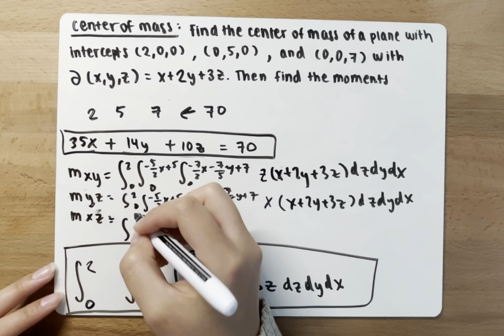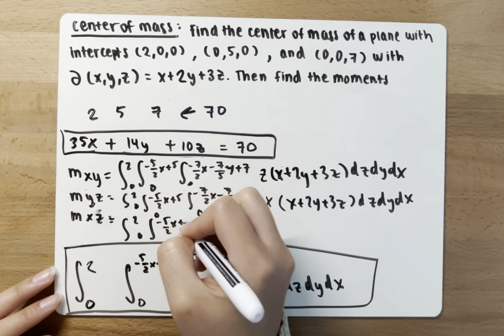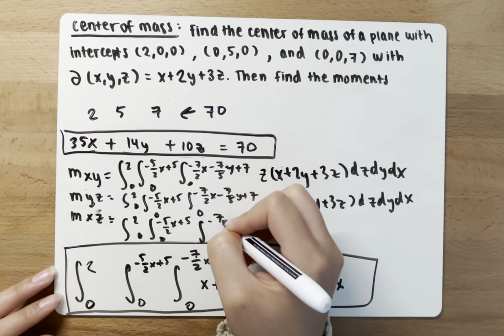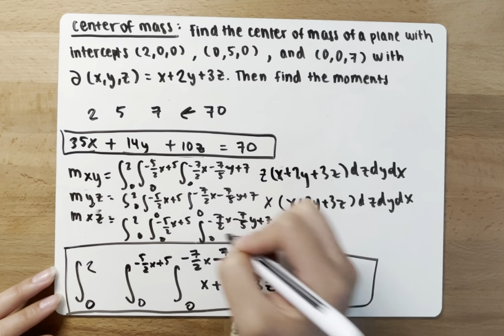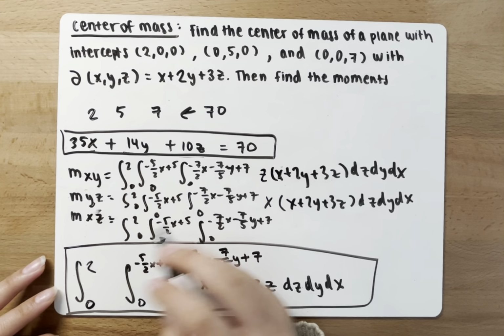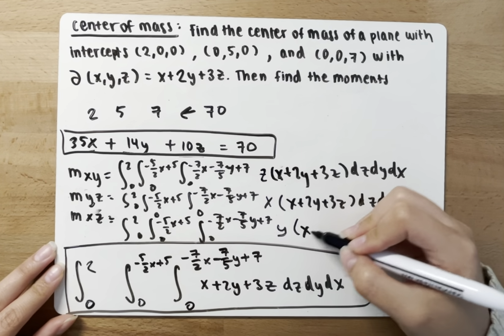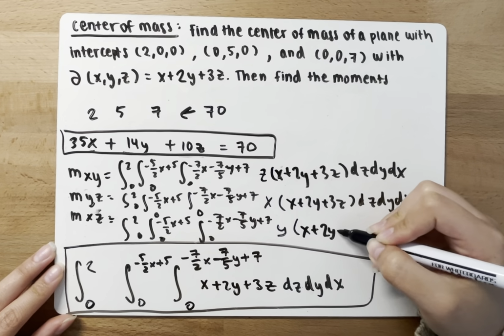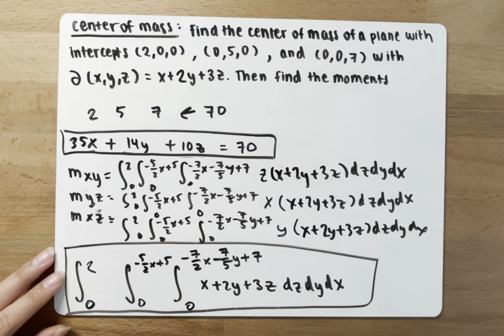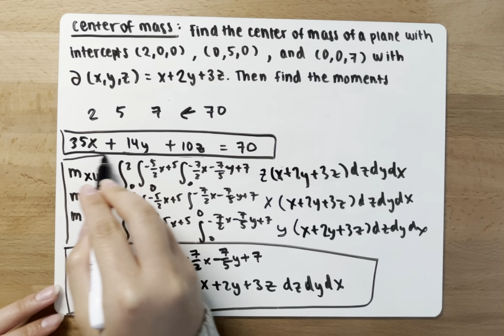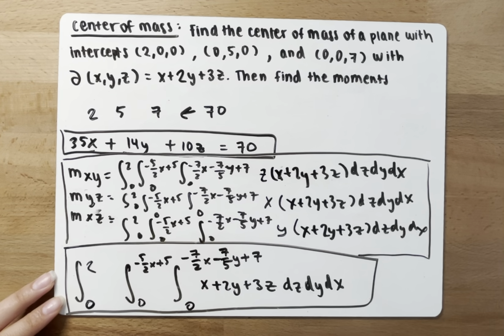Now last but not least, for the moment of xz, copy all the boundaries, 5, -7/2 x - 7/5 y + 7. Now we're going to multiply it by the missing variable, which is y. So y(x + 2y + 3z), dz, dy, dx. This will be your setup for moments.